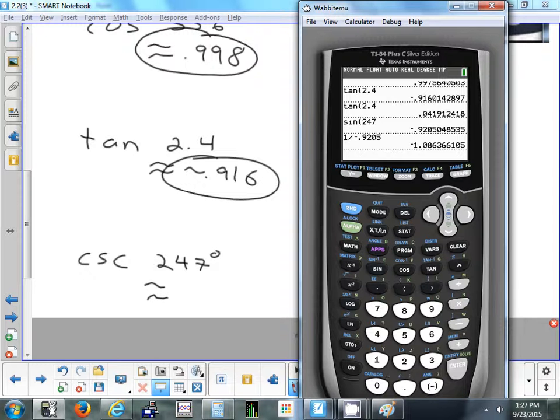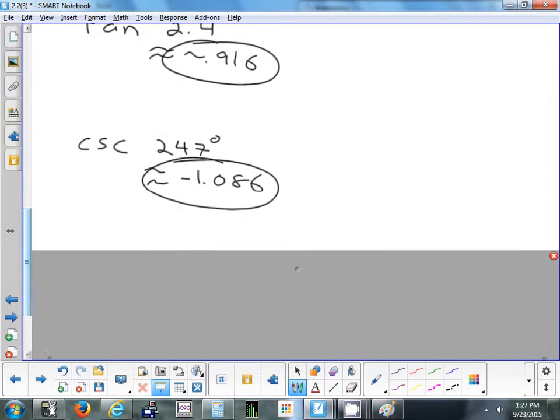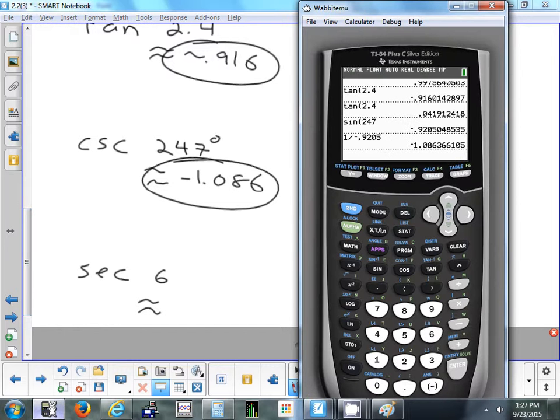Negative 1.086. So it's exactly what we've been doing all week. Take what you got for the sine and flip it. Okay, how about the secant? What trig function would we use to find secant? Cosine. So I can actually type it in all in one step and let the calculator flip it for me.